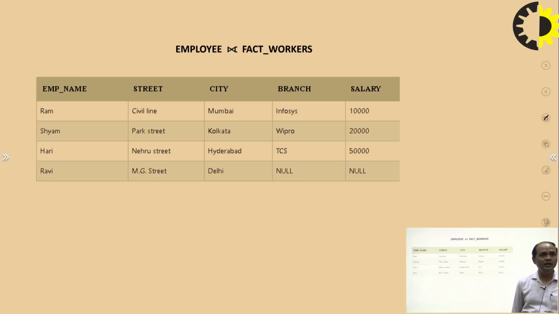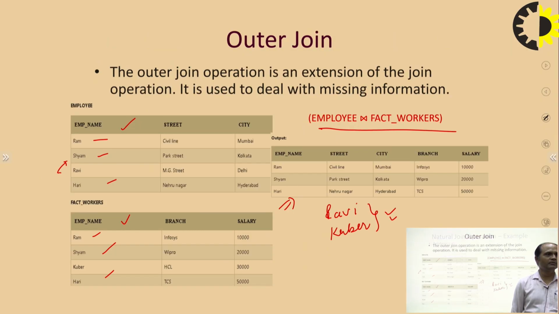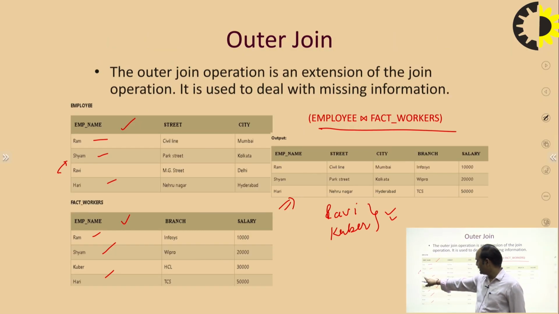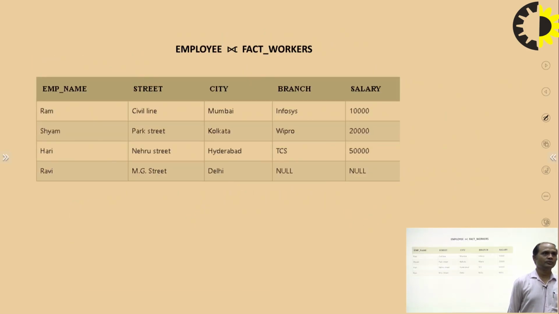Suppose the first table has Ram, Syam, Ravi and Hari, and the fact worker table has Ram, Syam, Kuber and Hari. If you use the left outer join, you have the values of R but not of S. So the output is Ram, Syam, Hari and Ravi.